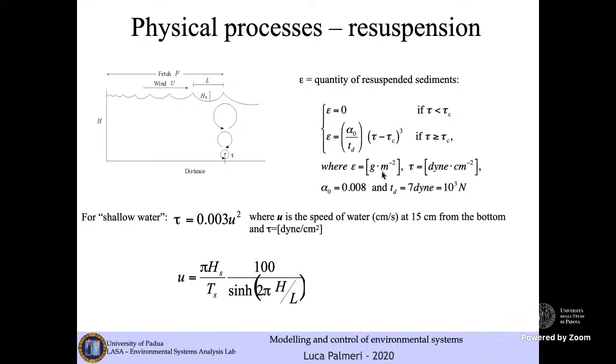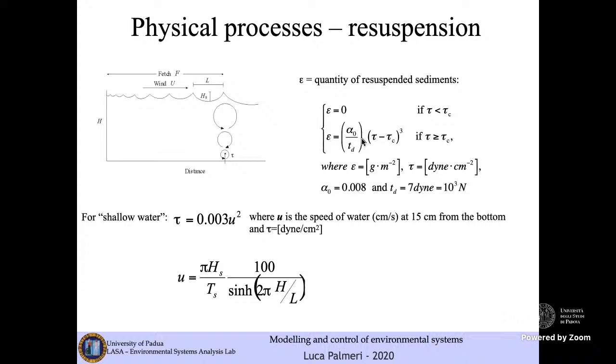Epsilon is expressed in grams per square meter, so how many grams of sediment are suspended per unit surface, while tau, the shear stress, is expressed, for example, in the CGS system in dyne per square centimeter.